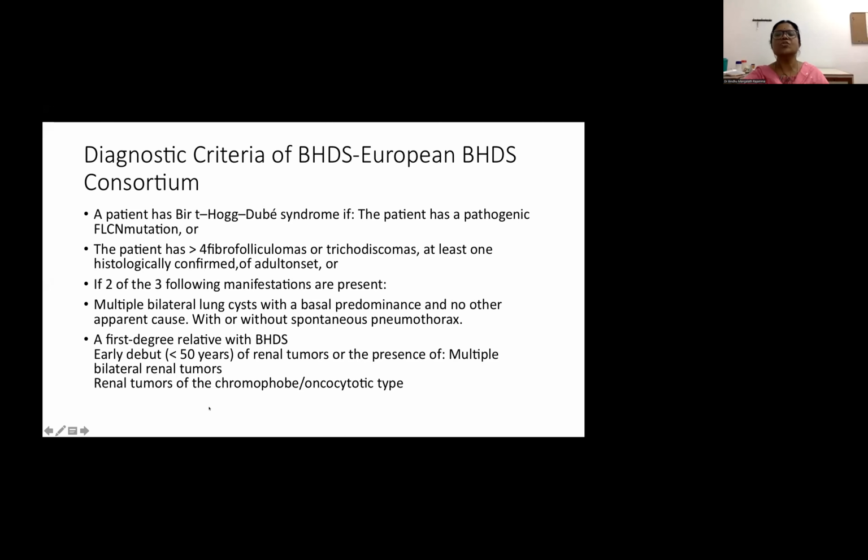And the renal tumors could be chromophobe, oncocytoma, or a hybrid tumor. So our case was very much fitting for a Birt-Hogg-Dubé syndrome and was confirmed by the genetic analysis.